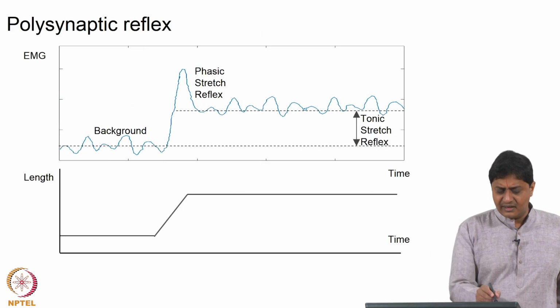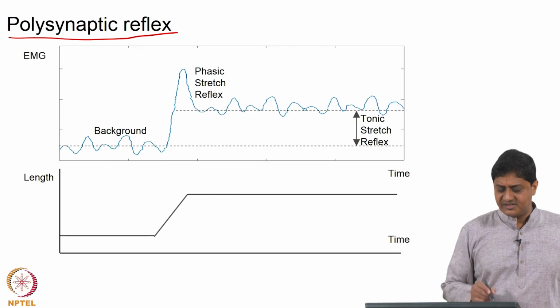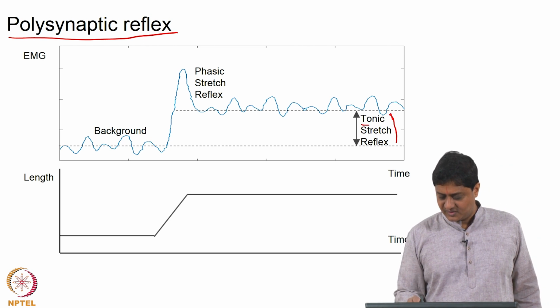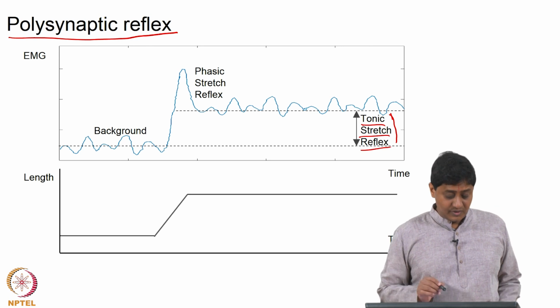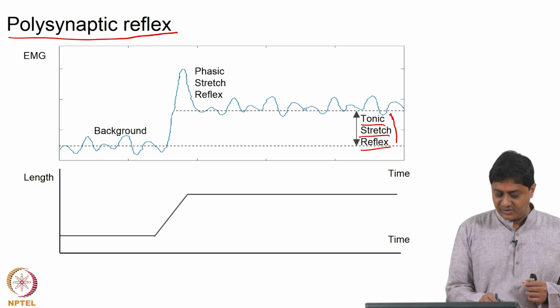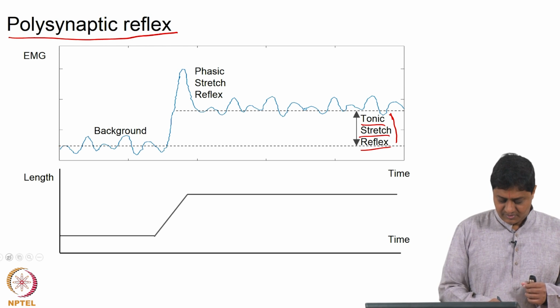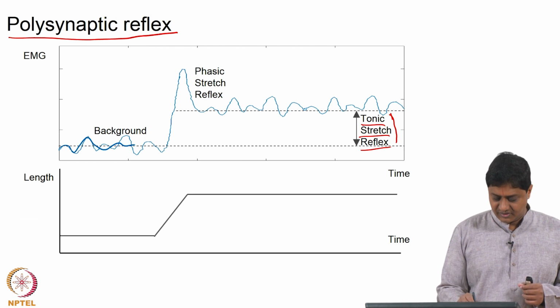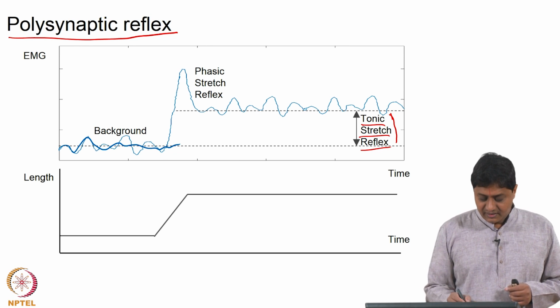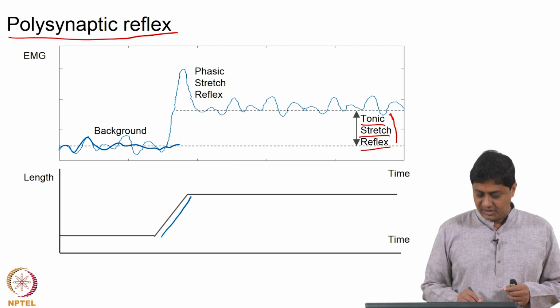Okay. And a classic example of a polysynaptic reflex is the tonic stretch reflex. Now, what is this? Let us remember, suppose a muscle is having a background EMG level, which is that. This is the background EMG level of the muscle, some non-zero activity, and then that muscle is stretched, its length is increased.